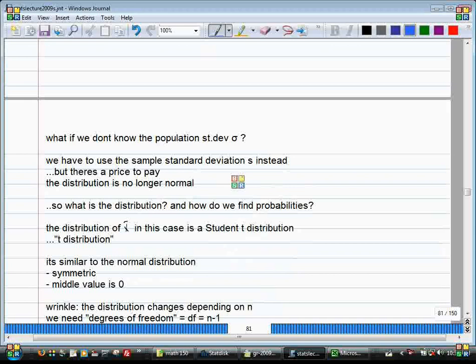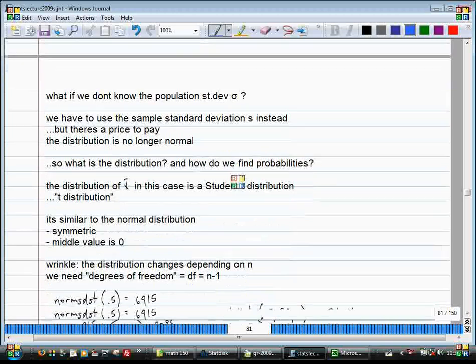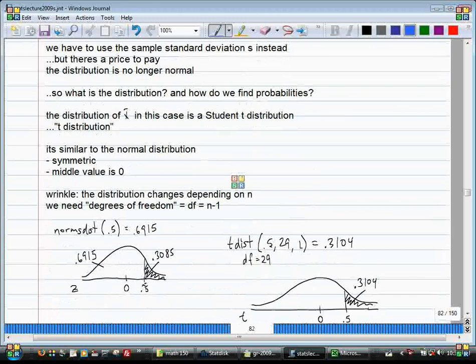So let's figure some things out. First I'm going to show you how to do the T distribution using Excel, then I'll show you using StatDisk.